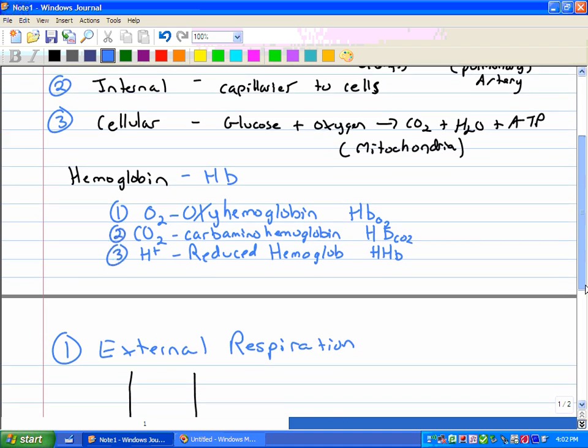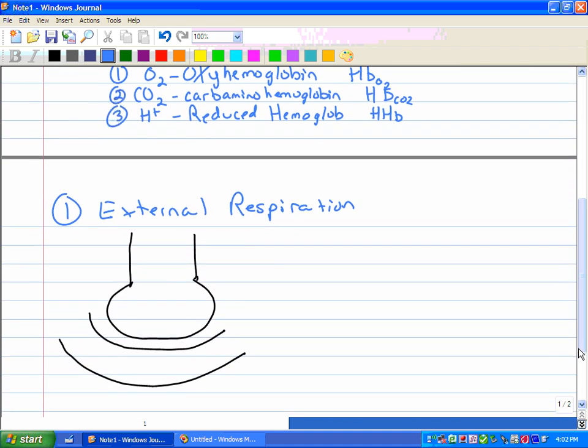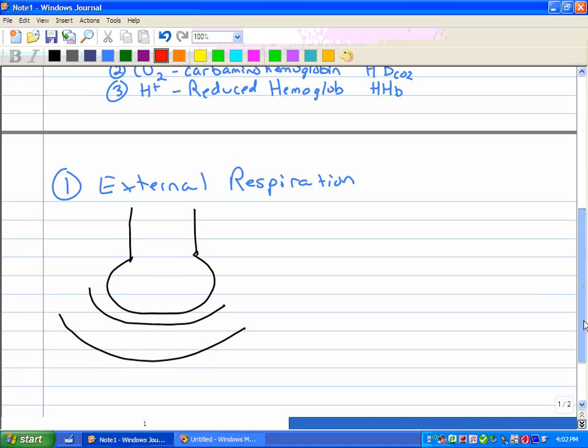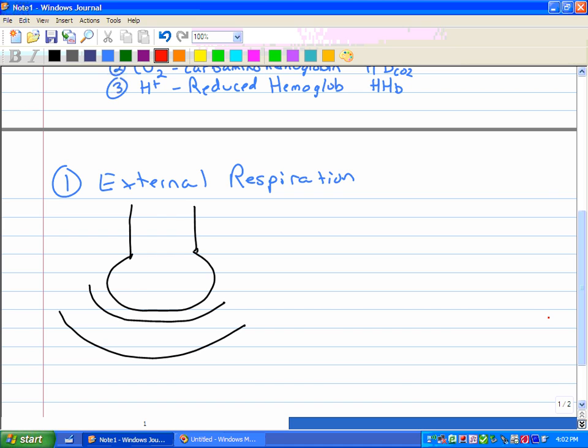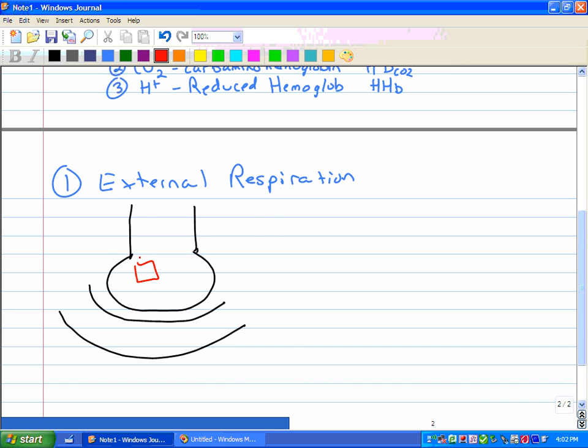So let's talk about the first one, external respiration. I'll do a few different colors here to get it going. We talked about this in the lab before. In order to bring in gases, we need to have that pressure lowered. We'll say that this is oxygen, and we'll say green is CO2.